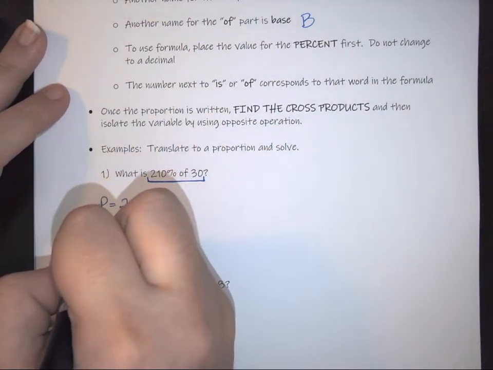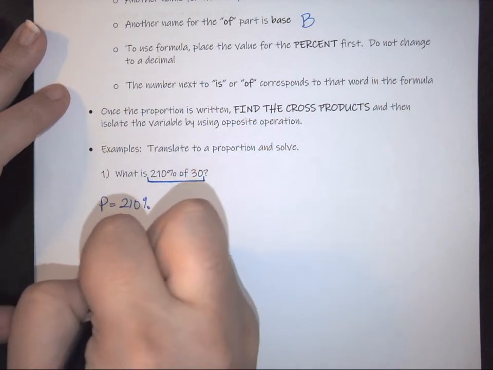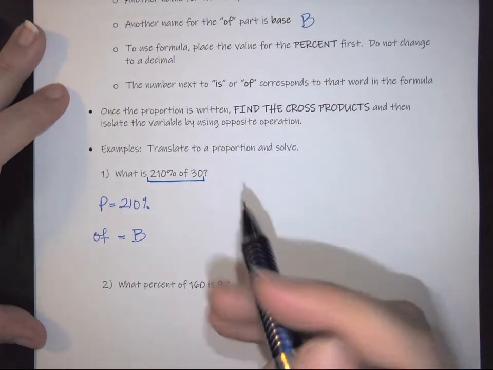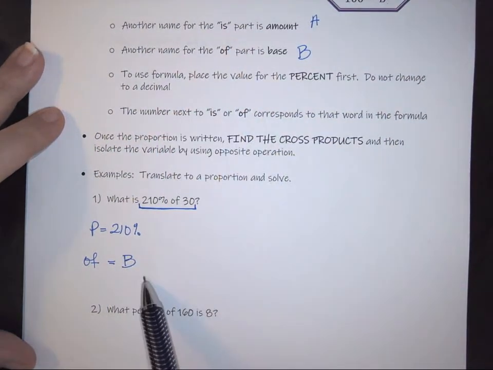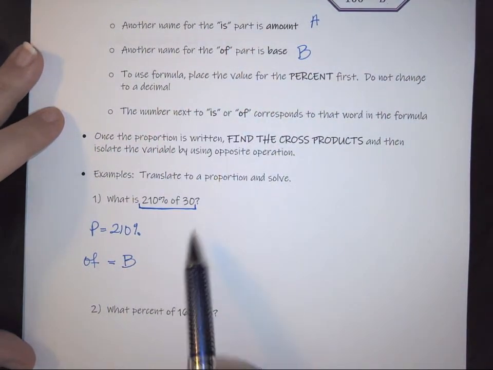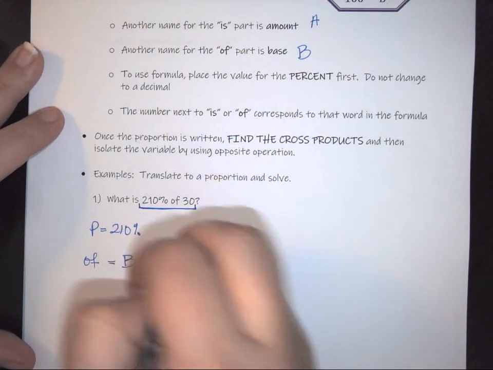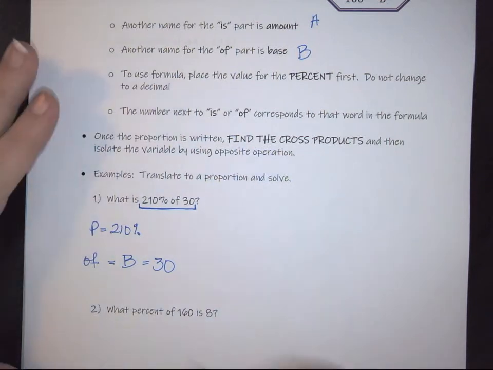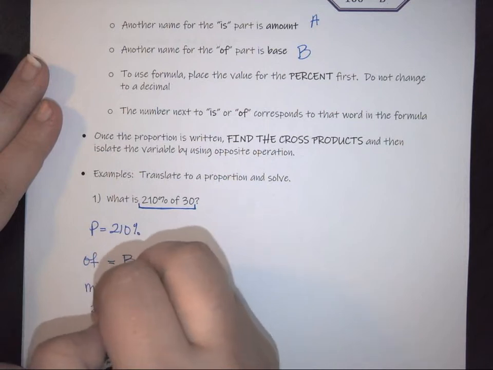We then have the word of, and of stands for B, and so we do not have the word is. So of 30 means your base is 30. Therefore, the missing part is A.